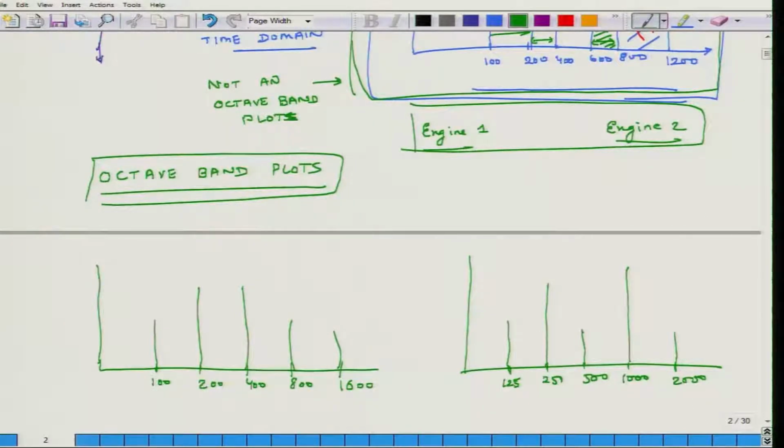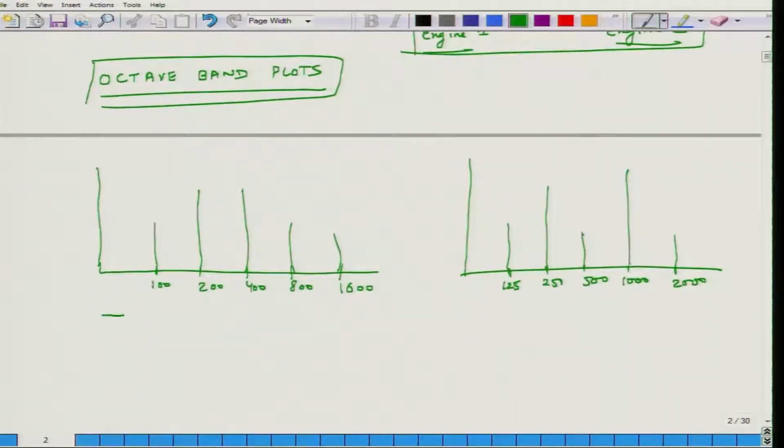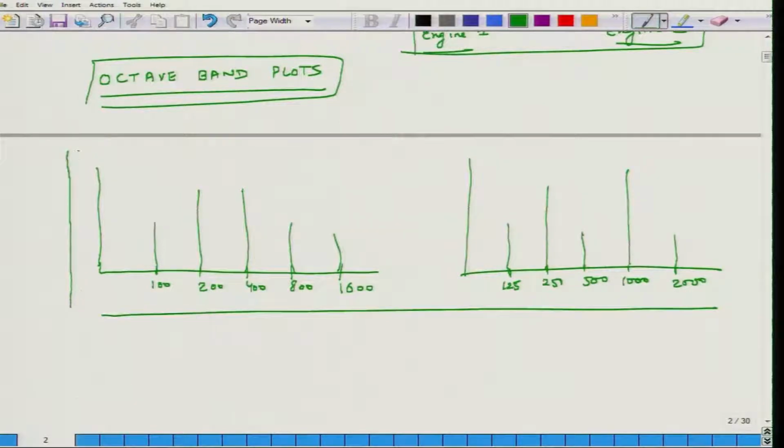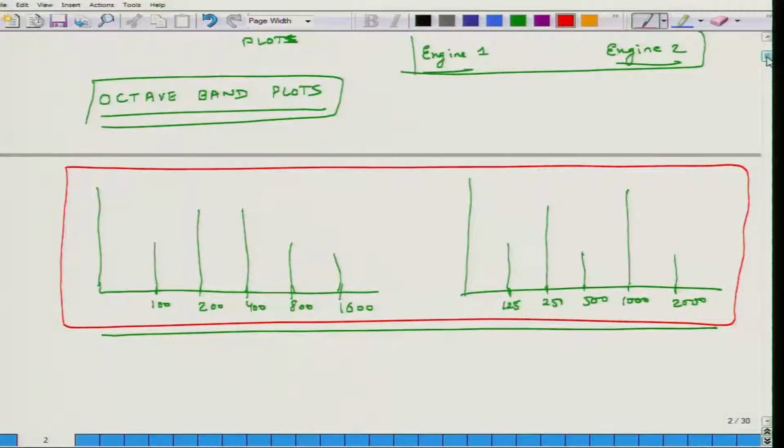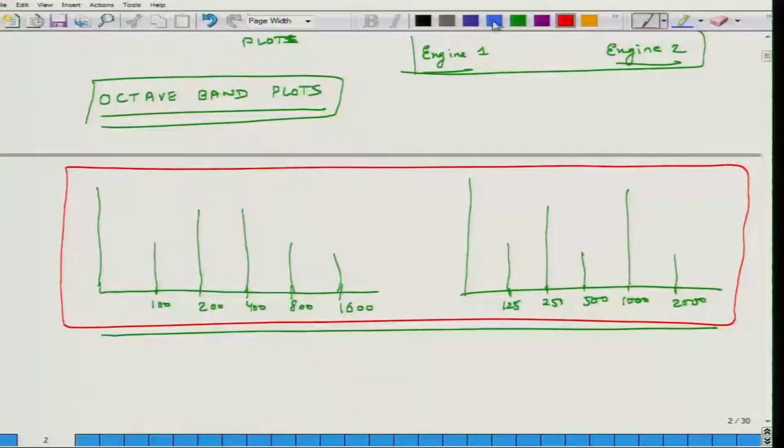So, the ratio is 2. Both of them are octave band plots, but the industry says that I want you to produce these plots at some specific frequencies, in some specific bands, because a third person can produce another octave band plot and it could be something like this: 300, 600, 1200, 2400, 4800, right.